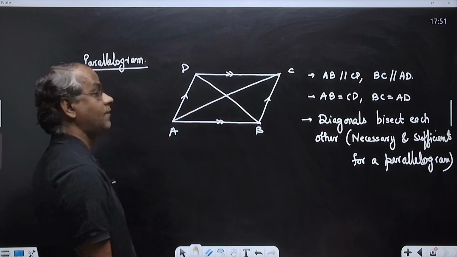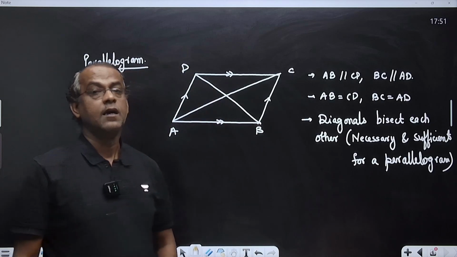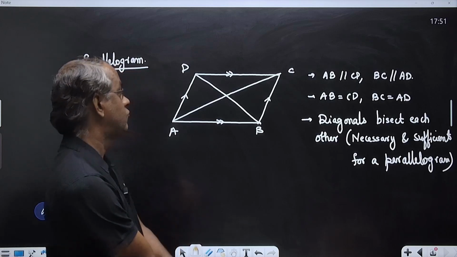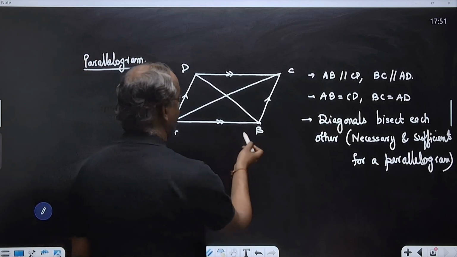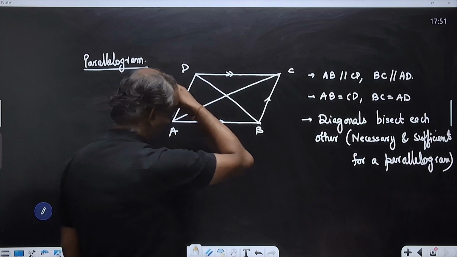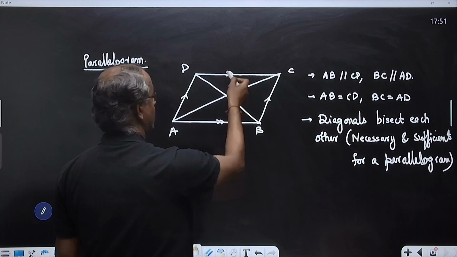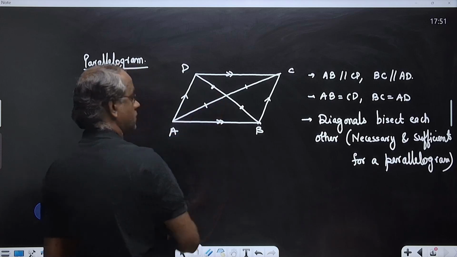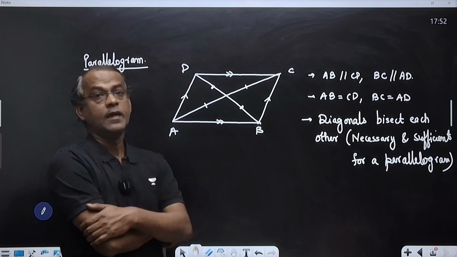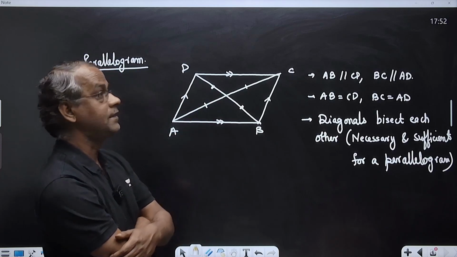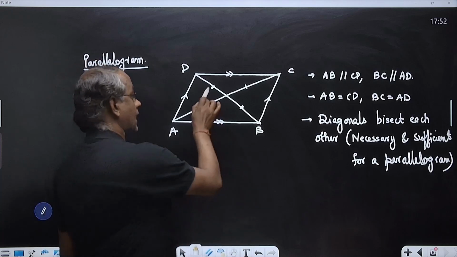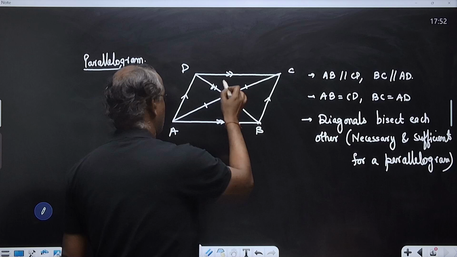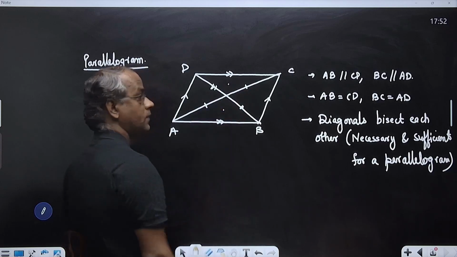And if diagonals bisect each other, it is a parallelogram. So for sufficiency, insofar as necessity is concerned, it is very trivial. Since these two are similar, these two sides are equal, so this will be equal to this. And by diagonals bisect each other, these two triangles are going to be congruent triangles.